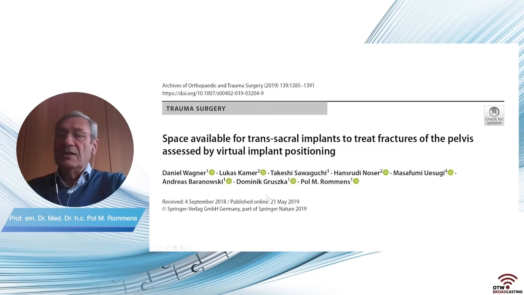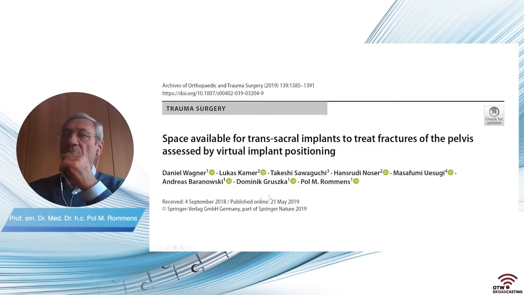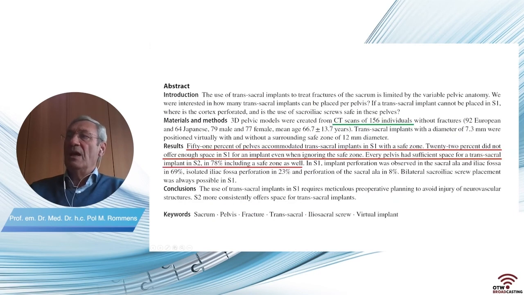We looked at the space that was available for transsacral implants to treat this fracture with this transsacral bar. Daniel Wagner, in this three-dimensional study on 92 Europeans, looked at 156 individuals, looked at the CT scan and calculated if a transsacral corridor was available in these patients.